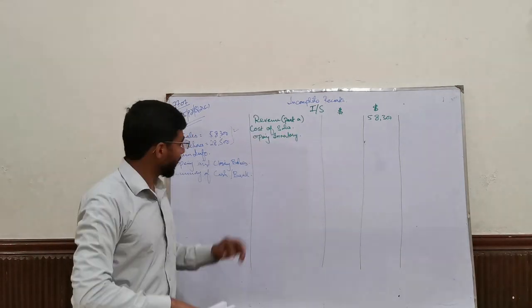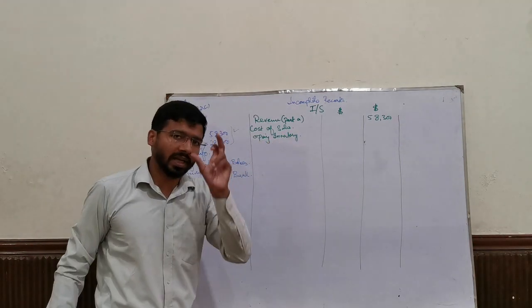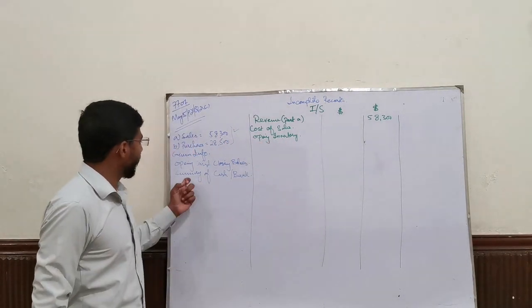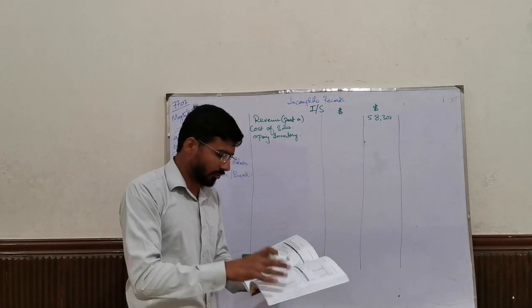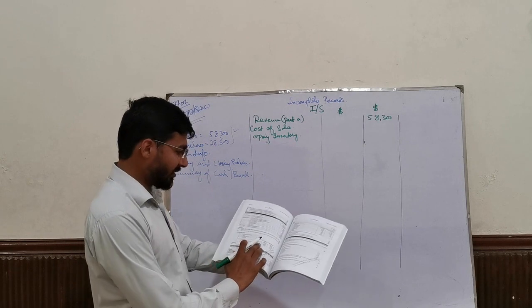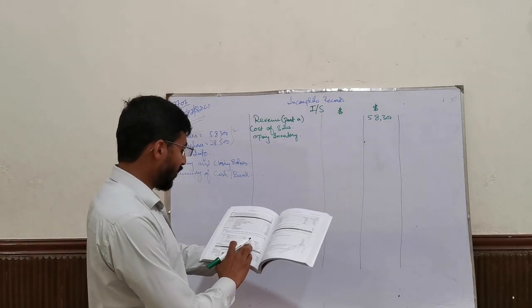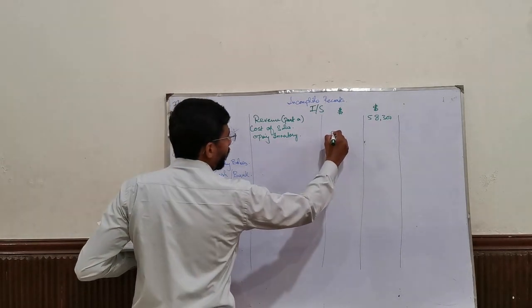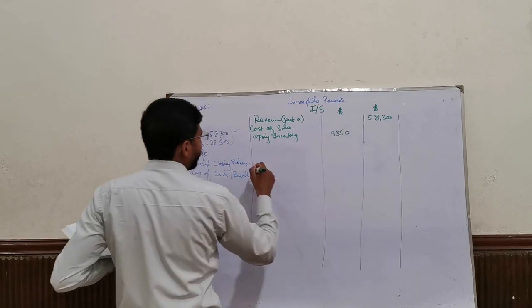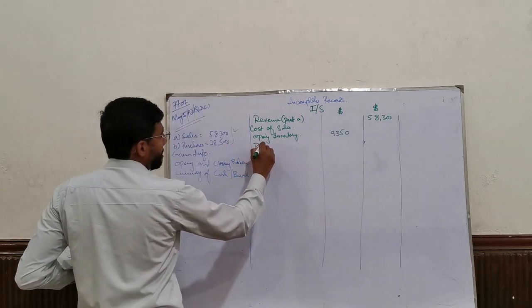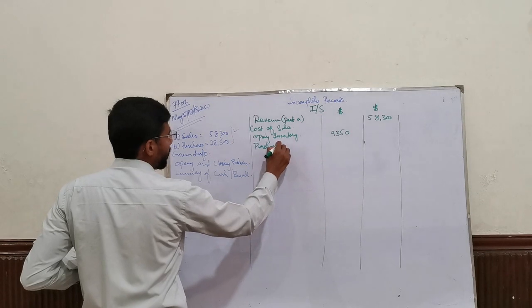As I stated earlier, the examiner will give you the opening and closing balances. This opening inventory is given in the question with the value of 9,350. Then we write purchases.